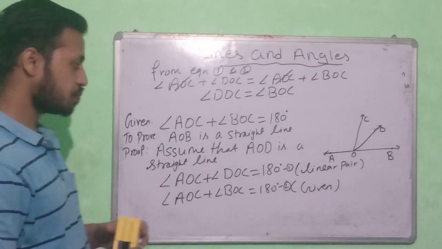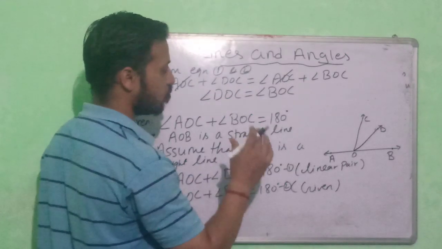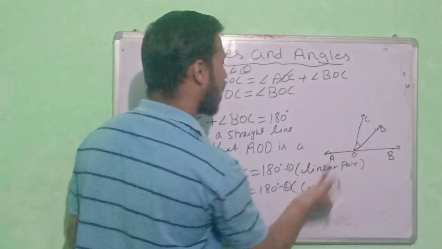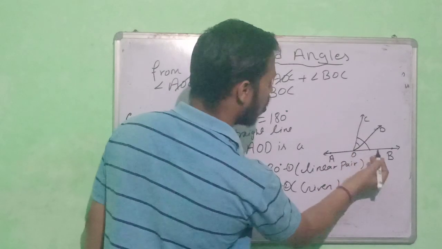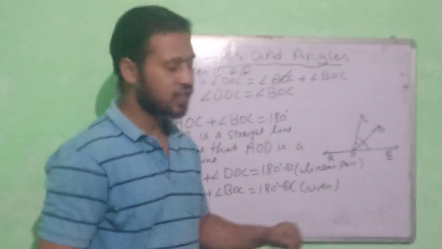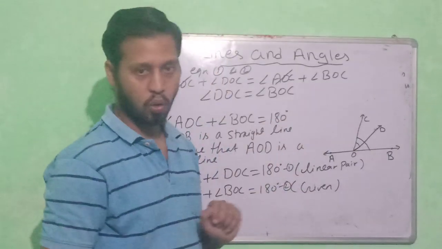Now look here. Look in the diagram: DOC is a part, and BOC is the whole angle. It is never possible that a small part will be equal to the whole.